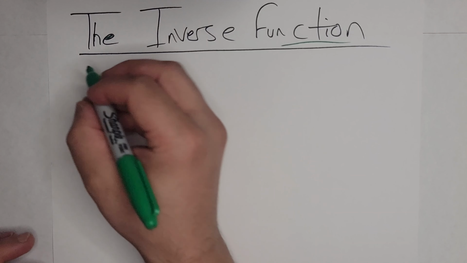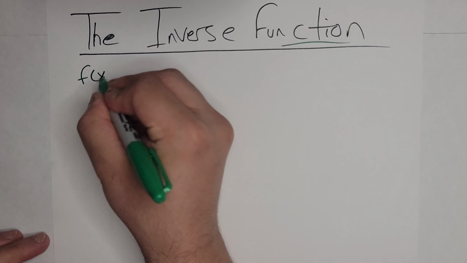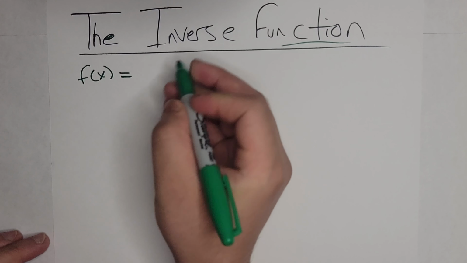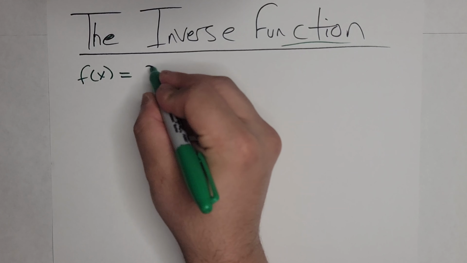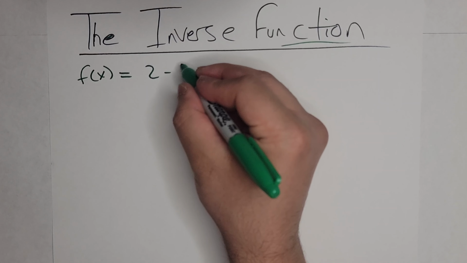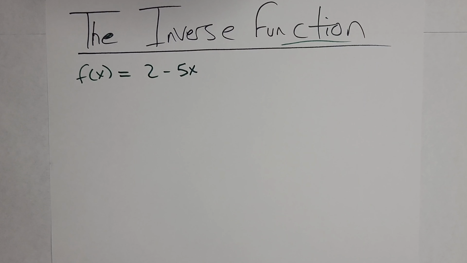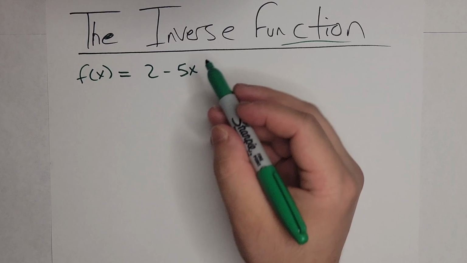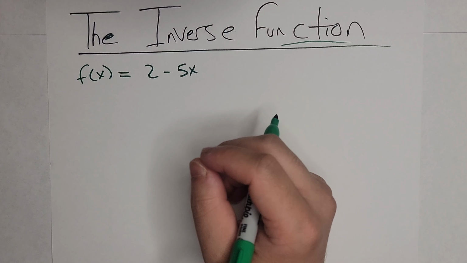Let's say we have a function f of x, and the function is 2 minus 5x. This is the original function, and this is a linear function.